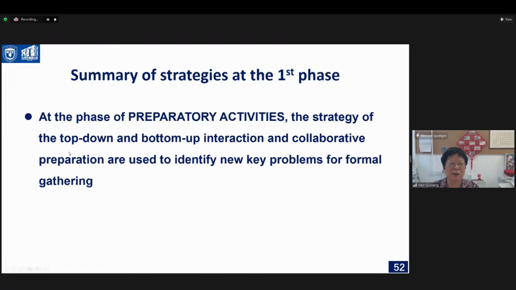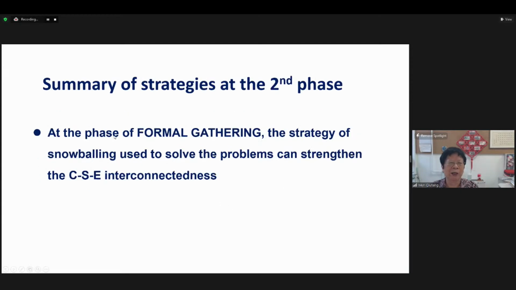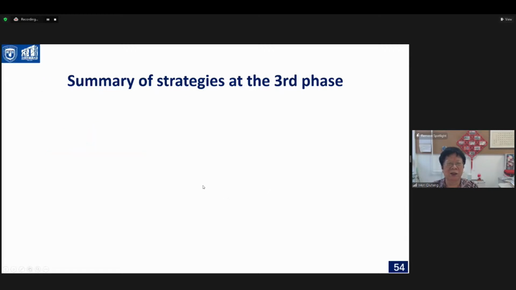At the first phase of preparatory activities, the strategies of top-down and bottom-up interaction and collaborative preparation are used to identify new key problems for the formal gathering. At the second phase, the strategy of snowballing is used to solve the problems and strengthen the interconnectedness.